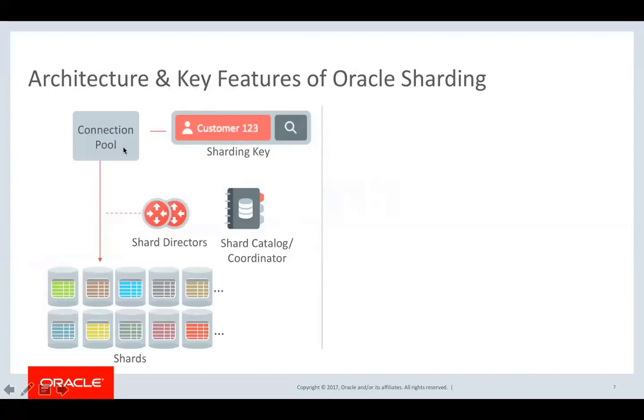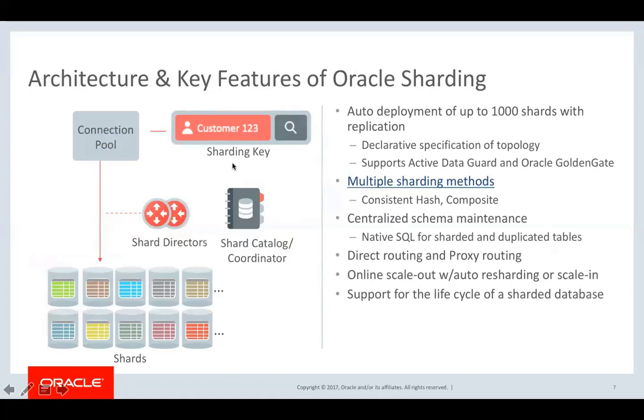And then above, you have the connection pools, which will use the sharding APIs. Basically, we have new APIs that you would use to specify the sharding key so that you can get routed to the right shard, which has data pertinent to that particular key. Okay.